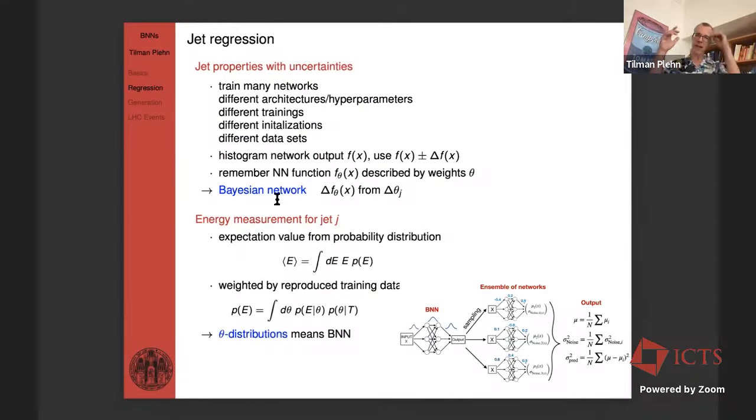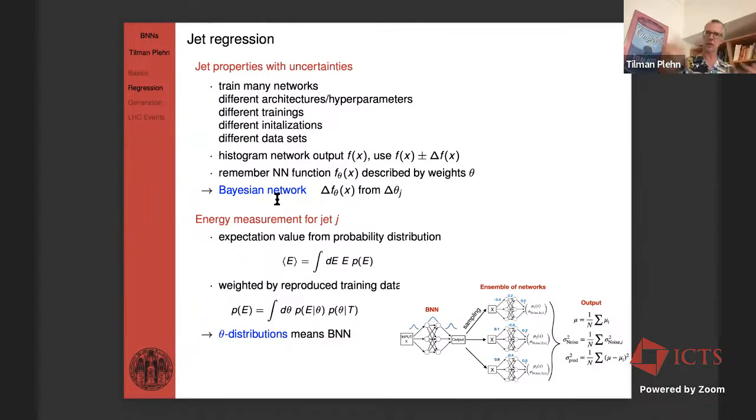So let me explain Bayesian networks in some detail because I think they're so cool, using a very simple example. And that is, let's use a network to extract the energy of a parton from the jet constituents. So we have jet constituents, lots of them. There might be pileup or not pileup, there might be out of cone radiation.